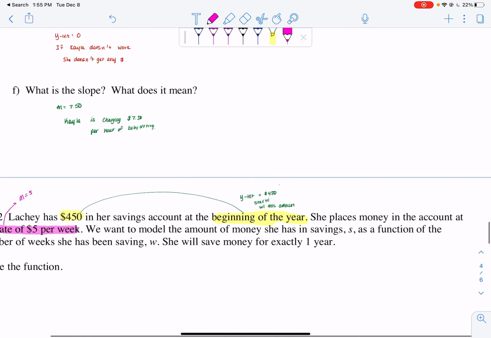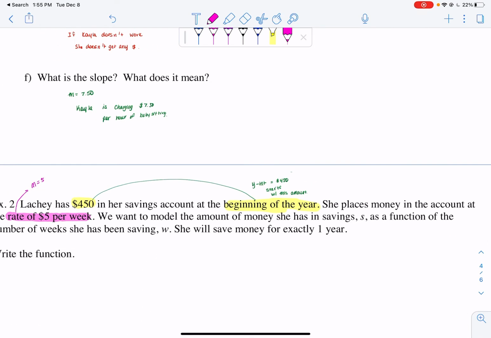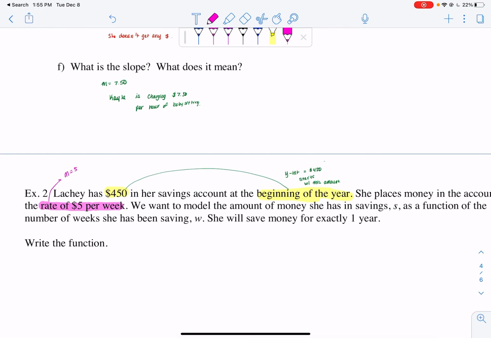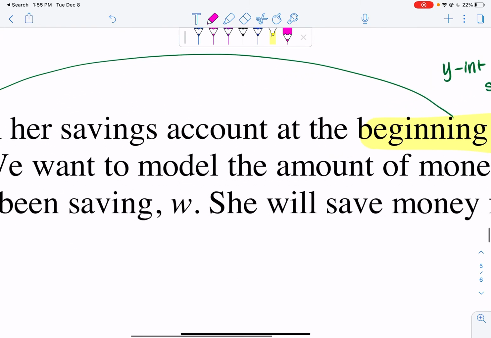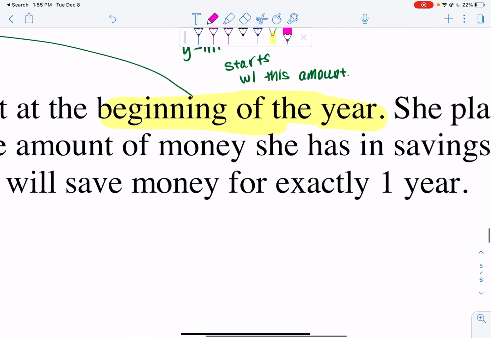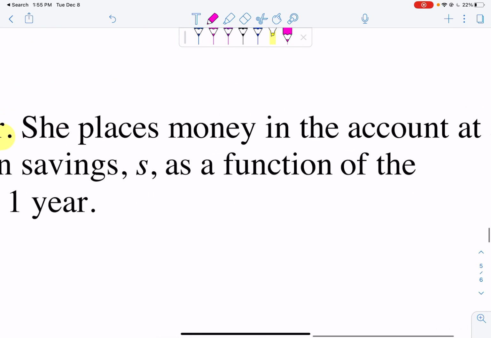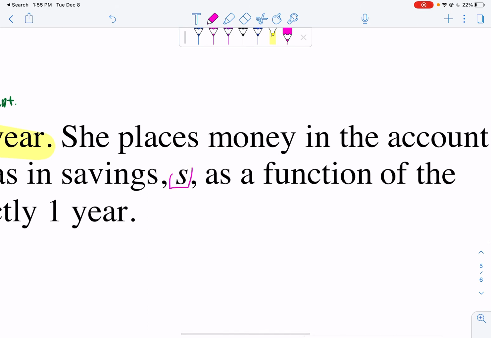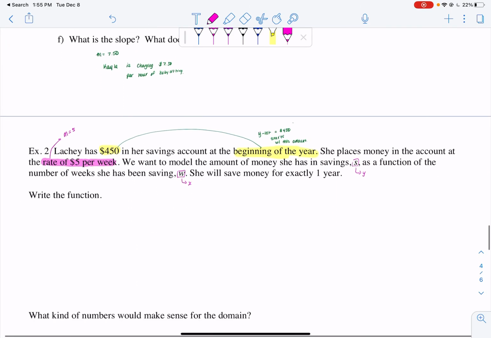And we want to model the amount in savings S as a function of the number of weeks she has been saving W. She will save money for exactly 1 year. So remember, time is always your X value. So in this case, W will replace my X, and S will replace my Y. That's what we're going to do at the very end.